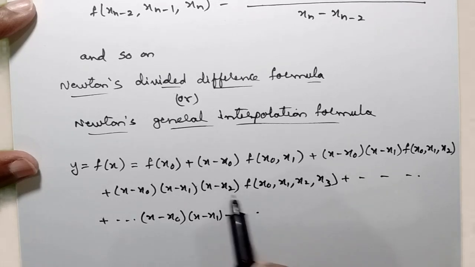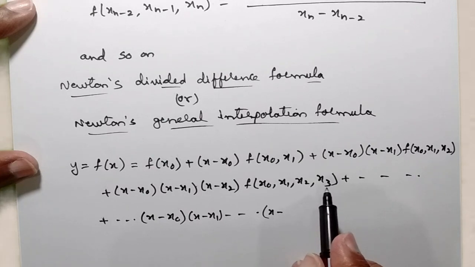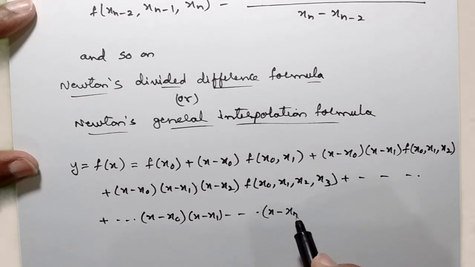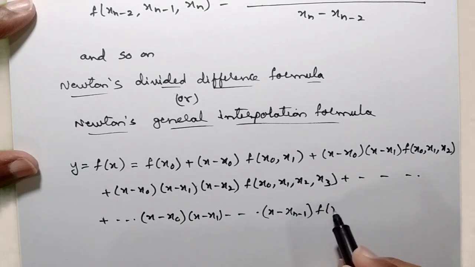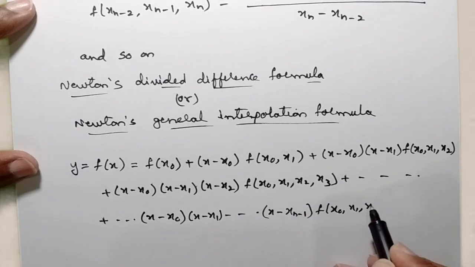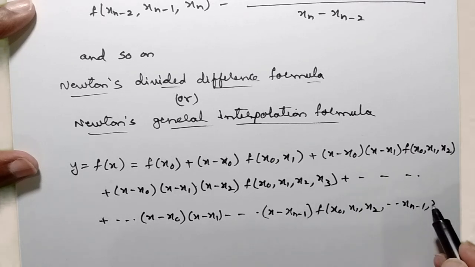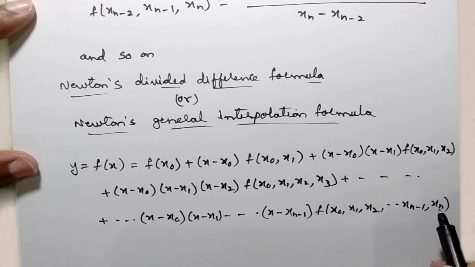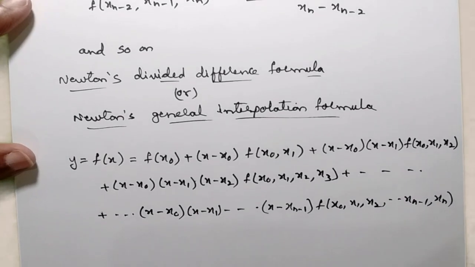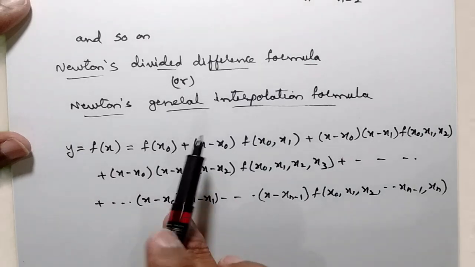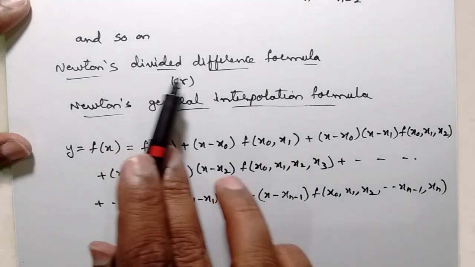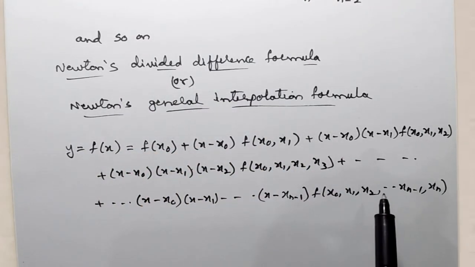In the same way, if you want the final value here as xn, I can write xn minus 1. Now you can write f of x0, x1, x2 up to xn minus 1 and one more value xn. So this formula is called Newton's general interpolation formula or Newton's divided difference formula.